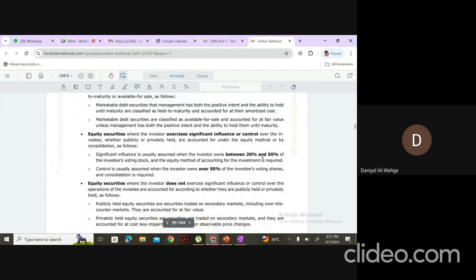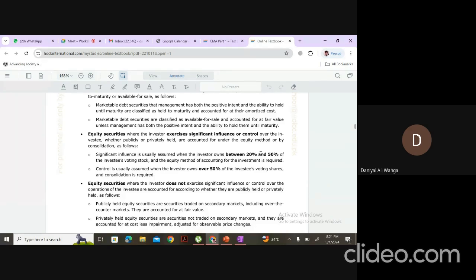Okay, now what the book has done is make a bifurcation between equity securities. There is a certain amount of investment which creates a significant influence, and there is a certain amount of investment which does not create a significant influence.